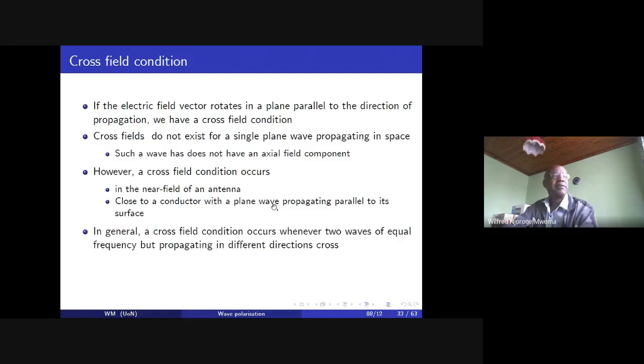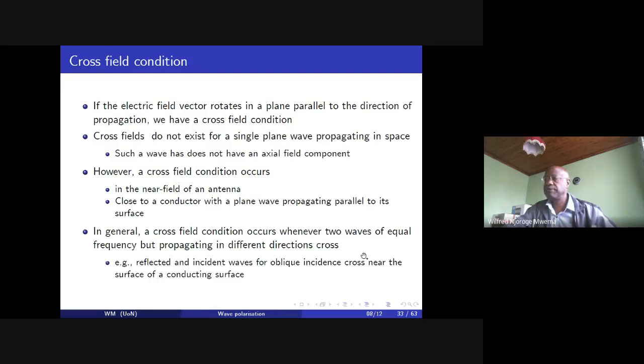In general, the cross field condition will occur whenever two waves of equal frequency, such as an incident and reflected wave, live near a conducting surface. This can interfere and cause the cross field condition.